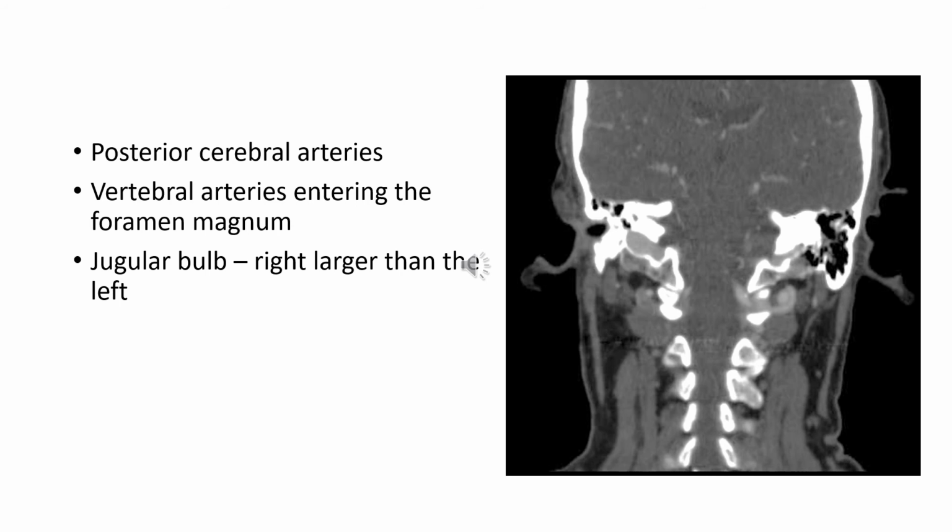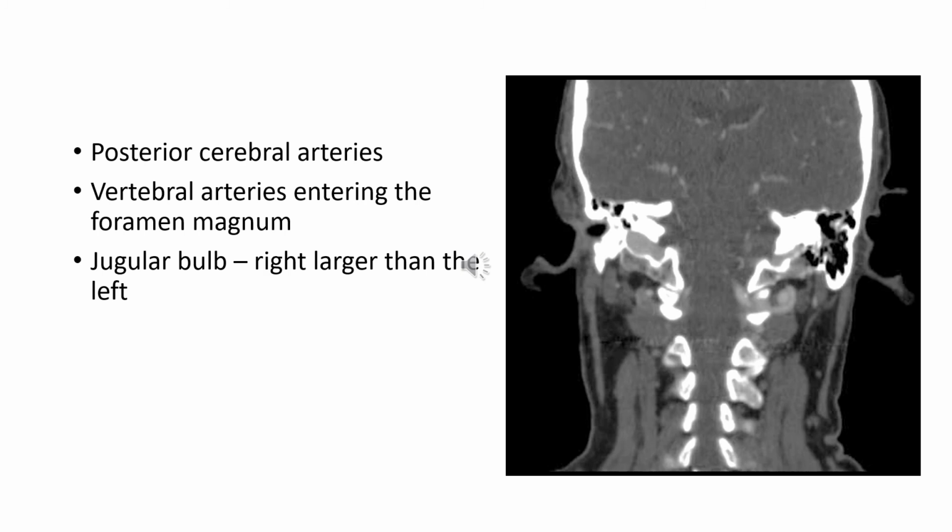This is a further coronal slice, again slightly posteriorly. The red arrows show the posterior cerebral arteries, and these are the final branches of the division of the basilar artery that we've seen on multiple slices before. And the basilar artery is formed by the coalescence of the vertebral arteries, and the yellow arrows show the vertebral arteries entering the brain through the foramen magnum.